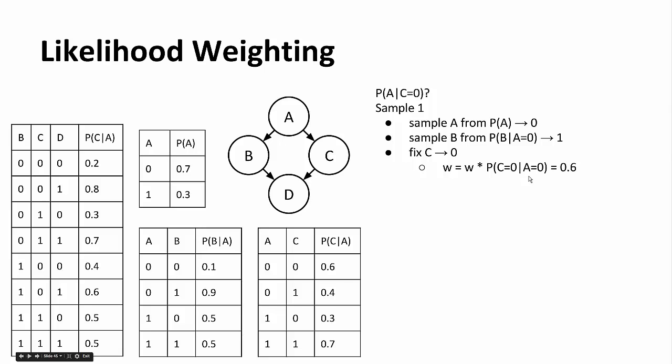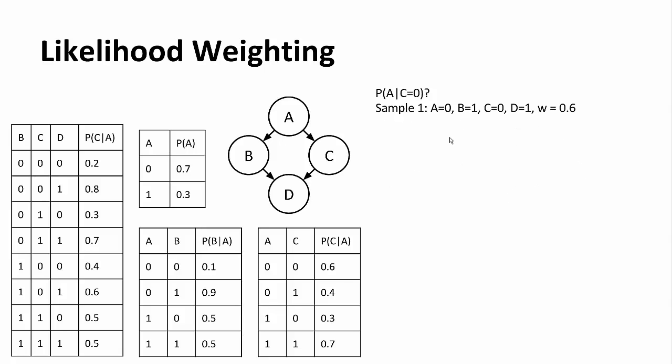So given that A equals 0, and we can just read that off of this table here, we'll see that that's 0.6. And then we'll sample D like we did before. And so at the end, we'll end up with a sample which has A equals 0, B equals 1, C equals 0, D equals 1, and the weight will be 0.6. Okay? Very straightforward. Let's continue generating a couple more samples.